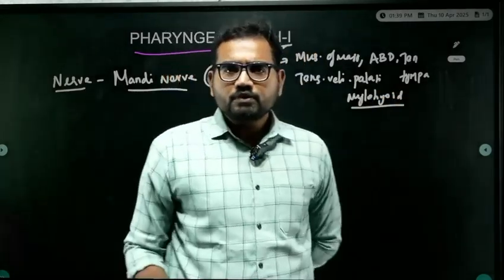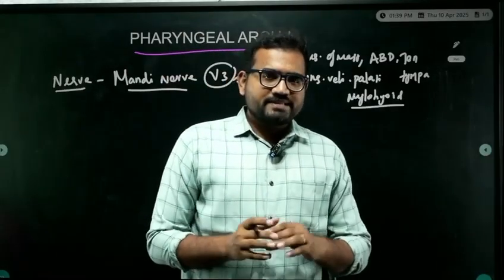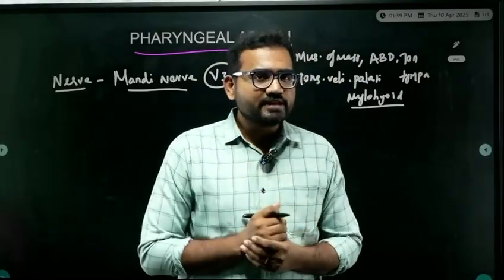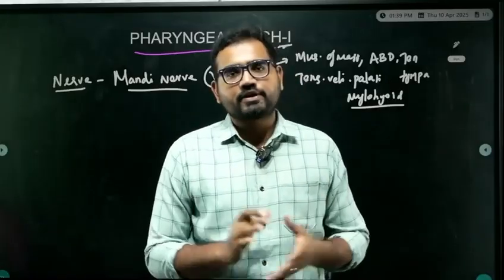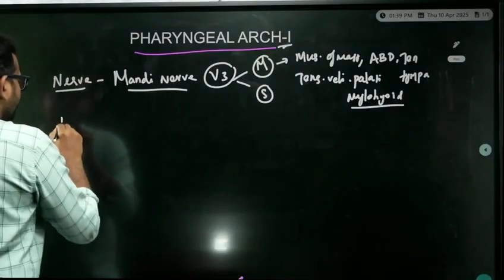So the muscle component of the pharyngeal arch is supplied by the mandibular nerve, which is the V3 division of the trigeminal nerve. What is the trigeminal nerve? It is the fifth cranial nerve. Simple, right?